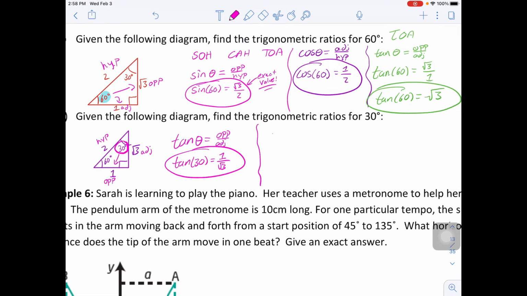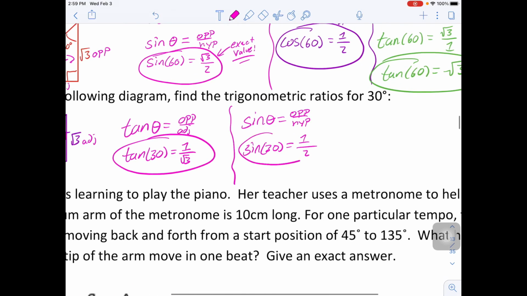Then we have sine angle, which is opposite over hypotenuse. So sine 30, what's the opposite side length? It's 1 over the hypotenuse, which is 2. So there is sine 30. And then lastly, cos 30.